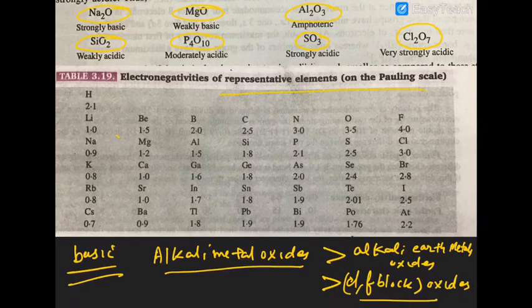And these are the various values of the Pauling scale of electronegativity. Here you can easily see that fluorine is the most electronegative and cesium is the least electronegative. The encircled values must be known to you because they will be helpful in solving many problems.